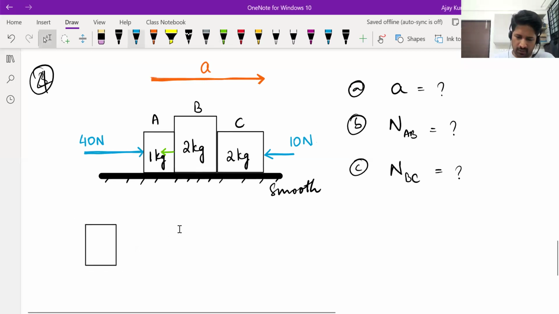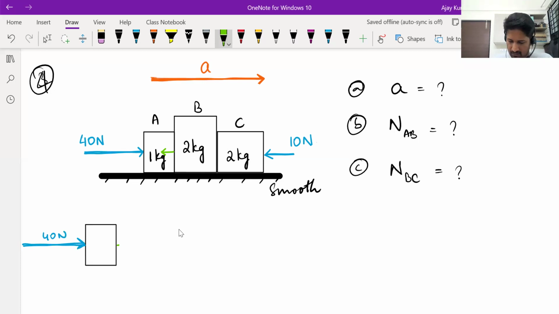On A, there is a 40 Newton force acting, obviously, to the right. Along with that, there will be a normal force acting to the left. This comes from B. That's the normal force between A and B.